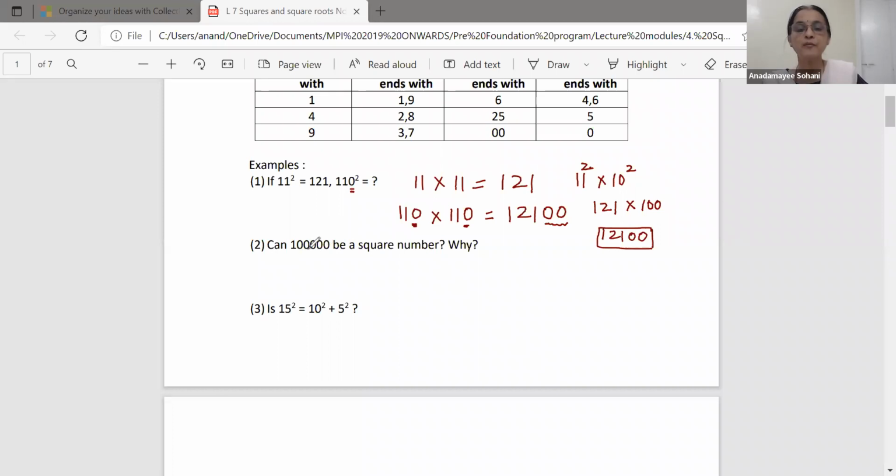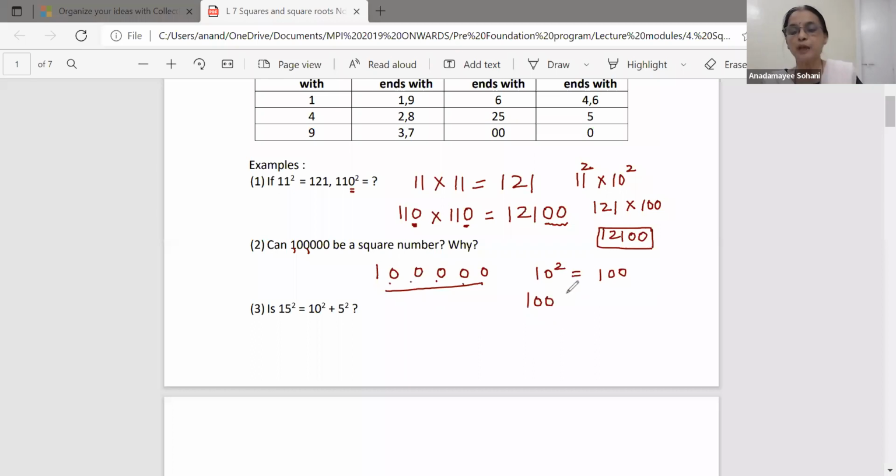Then second question, units, tens, hundreds, thousand, 1 lakh. Can 1 lakh be a square number? Now see, 1 lakh has 5 zeros on it. Suppose I take 10 square, it will be 100. That means 2 zeros. This is going to be a square of some multiple of 10 only.